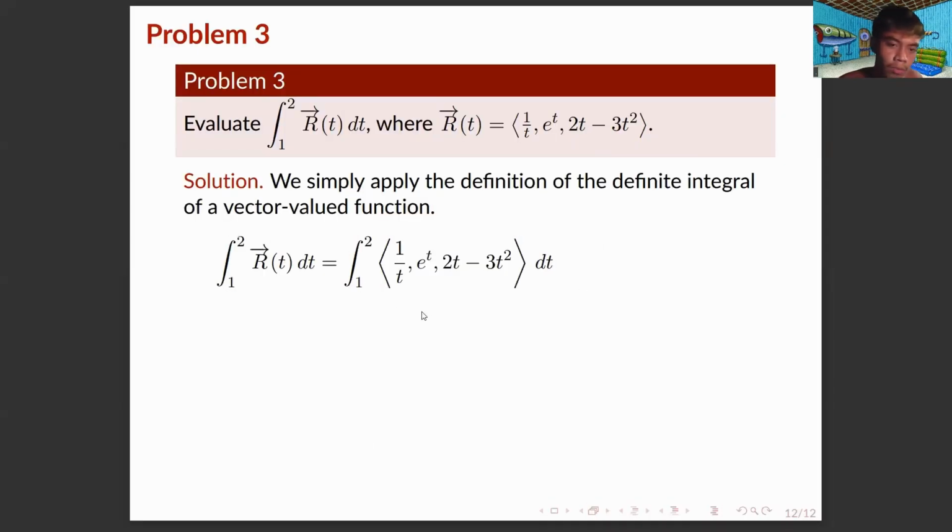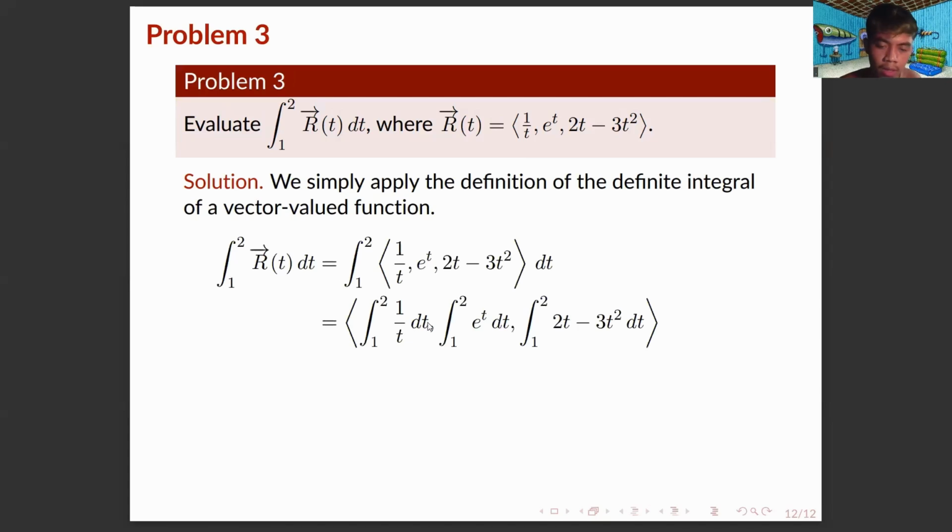So we have the integral of its components. For the first component, the integral of 1 over t dt from 1 to 2. For the second component, the integral of e raised to t dt from 1 to 2. And for the last one, the integral of 2t minus 3t squared dt from 1 to 2.